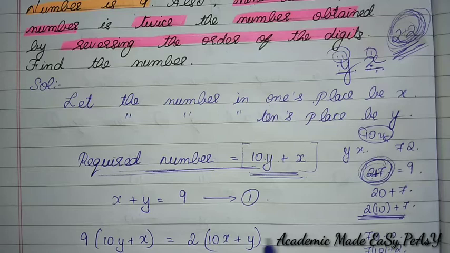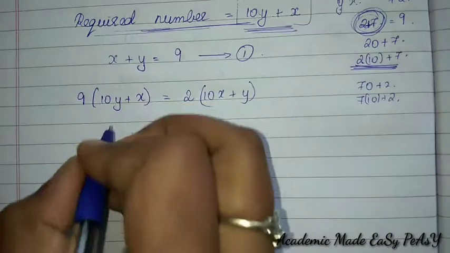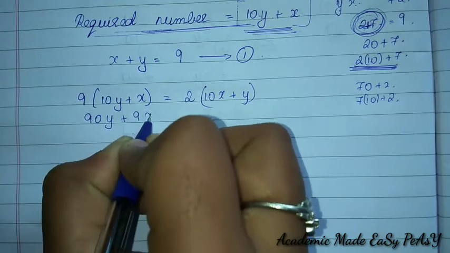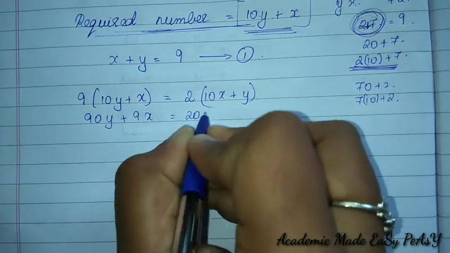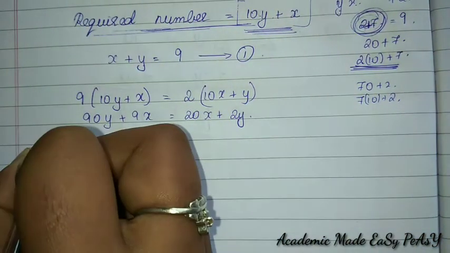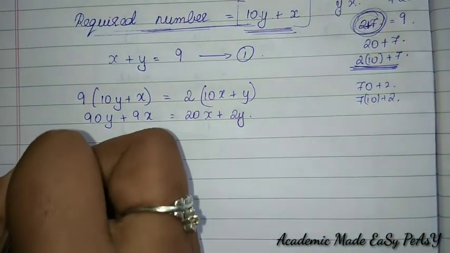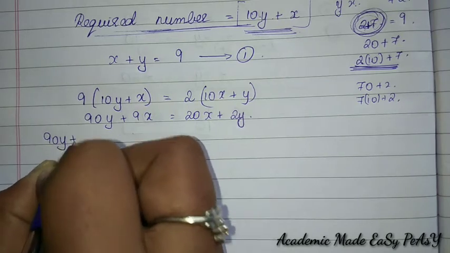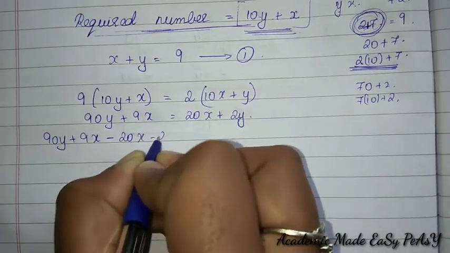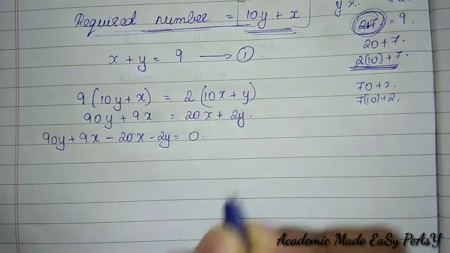So now we have to find this number only. So now let's simplify this equation. So 90y plus 9x is equal to 20x plus 2y. So let me have everything on one side. So 90y plus 9x minus 20x minus 2y is equal to 0.